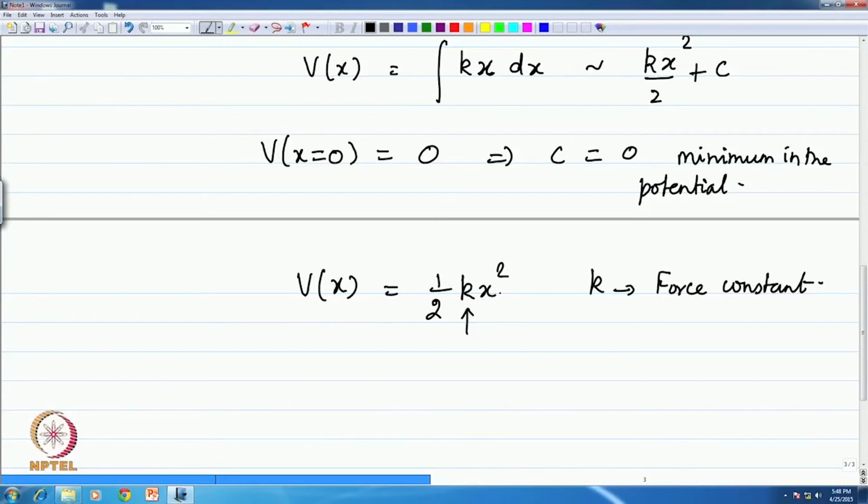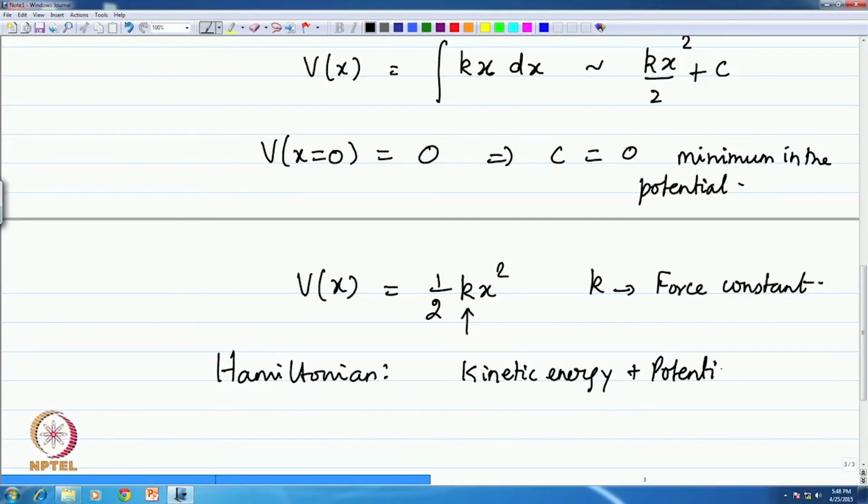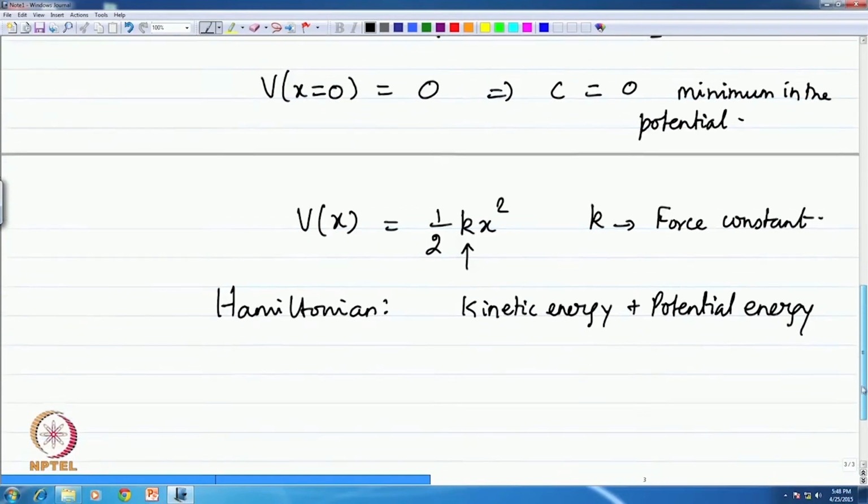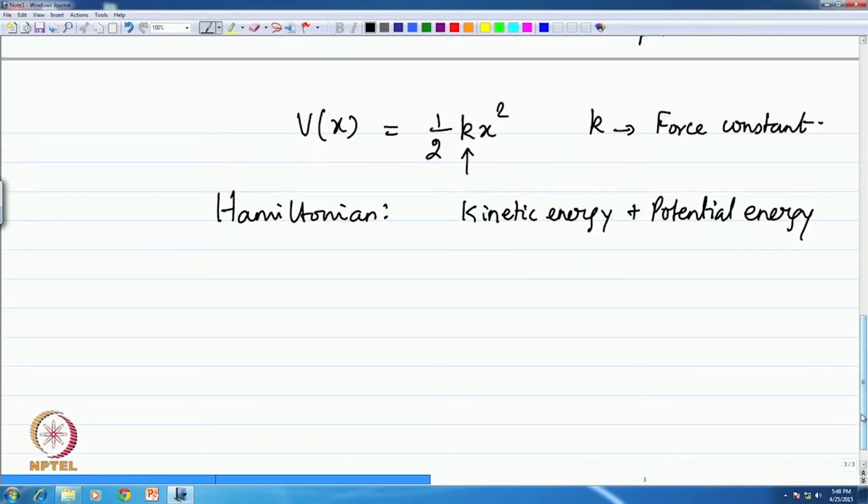You know the dimension of k. Kx square is energy, so it is very clear what k should be. And the Hamiltonian, if you have to write it for the harmonic oscillator, is obviously the kinetic energy plus the potential energy of the harmonic oscillator, and the potential energy is already given here.